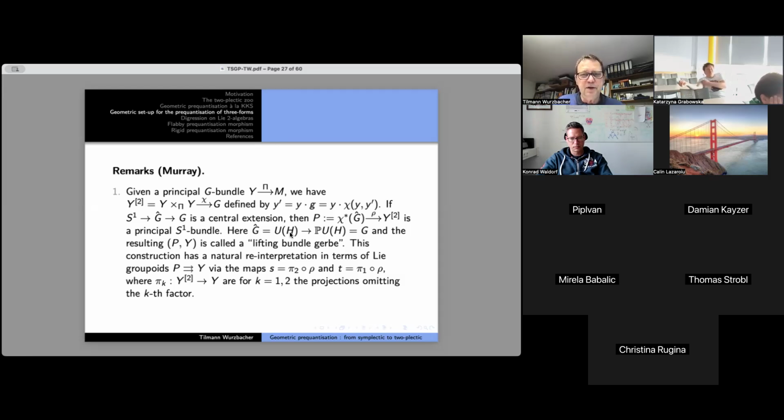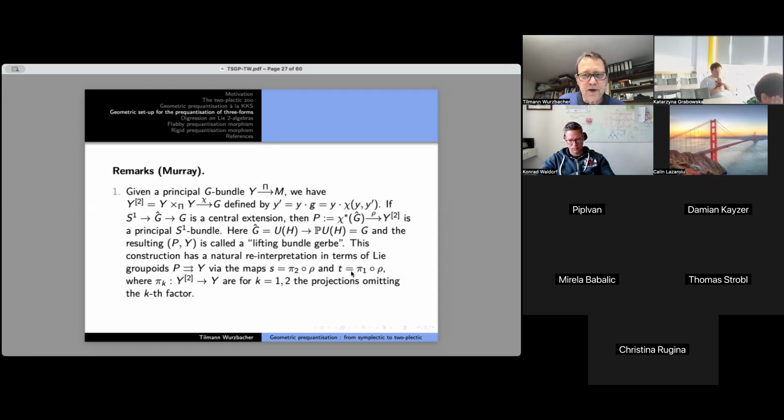And this can be reinterpreted as a very simple Lie groupoid. I think it's also called a central extension Lie groupoid. Of course, this symmetric power has two natural projections on Y, and this gives source and target. There's a small subtlety here.